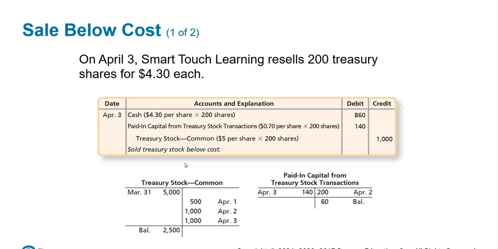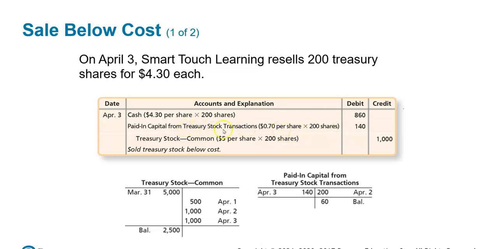On April 3rd, Smart Touch Learning sells 200 shares of treasury stock for $4.30 per share. We paid $5 per share, so keep that in mind. The cash, $4.30 per share times 200 shares, we received $860. The treasury stock is going to be issued back out at $5 per share at its cost, so that's $1,000. So the difference between the two is $140 or 70 cents per share.